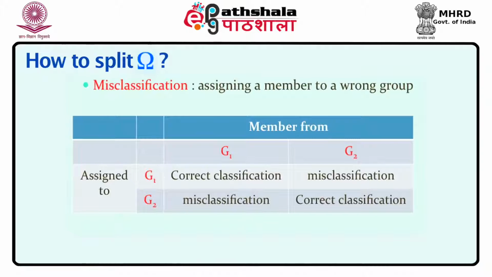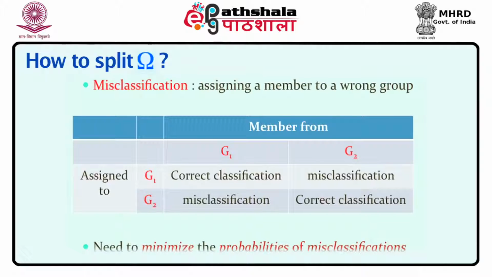You have a member from group 2 who is assigned to the second group, again we have a correct classification. But if a member from the first group is assigned to the second group, we have a misclassification. Similarly, a member from the second group assigned to the first group is a problem of misclassification.